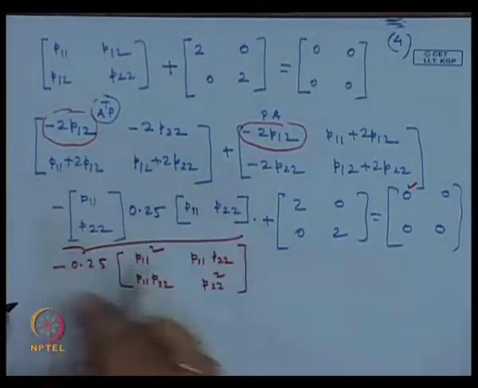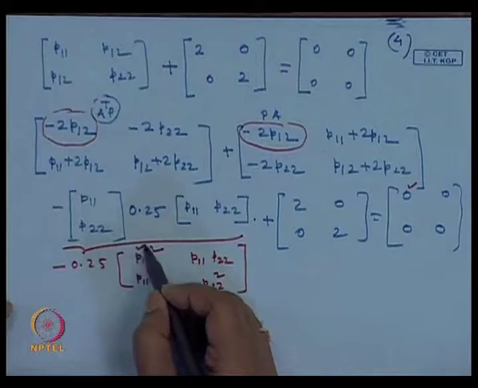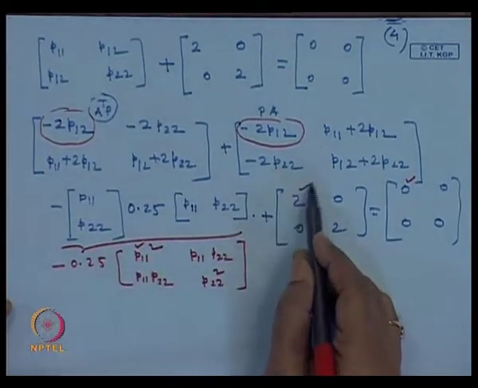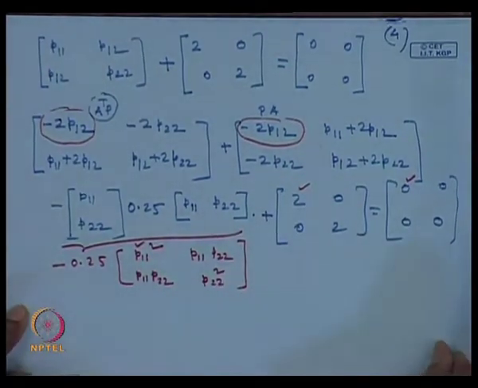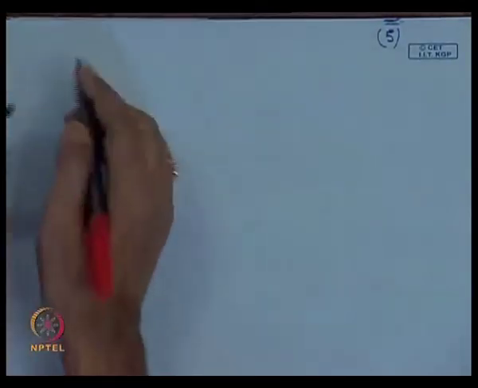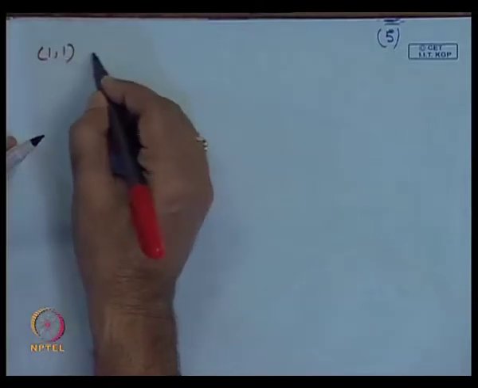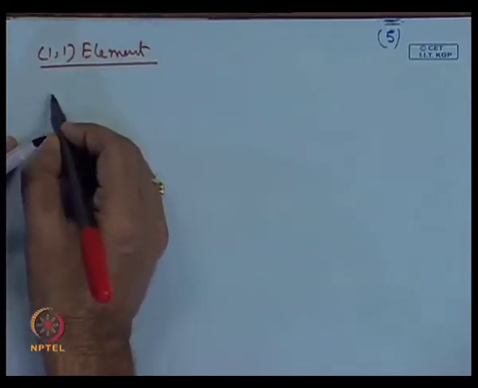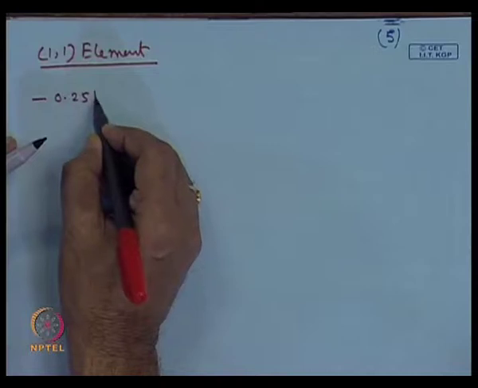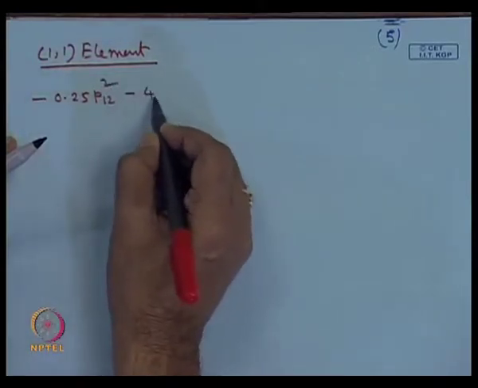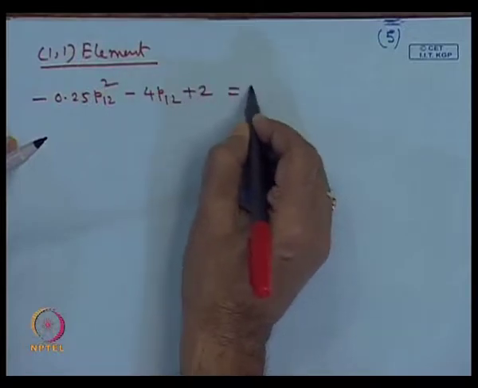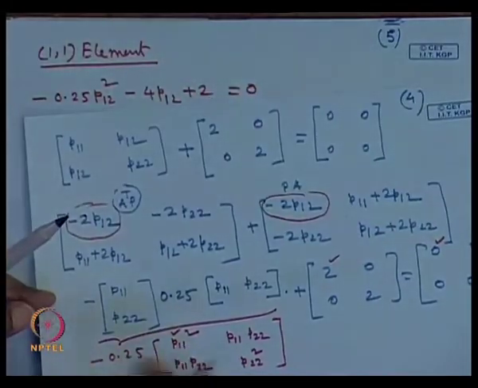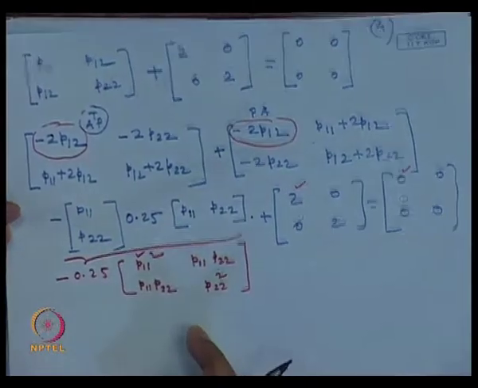So, element wise if you equate, I am getting the 1 1 element, left hand side and right hand side. If you equate, I am getting minus 0.25 P 1 2 square minus 4 P 1 2 plus 2 is equal to 0.